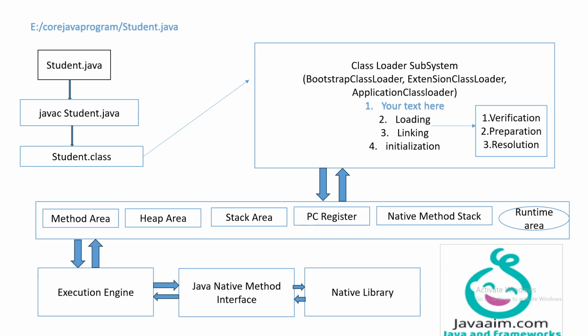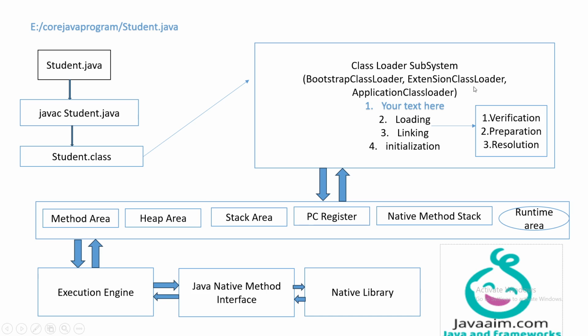So what will the JVM check? In the current directory only it will check whether the given .class file is present or not. If it is present, it will load the .class file through various class loaders. The class loader subsystem has various class loaders like the bootstrap class loader, extension class loader, and application class loader.